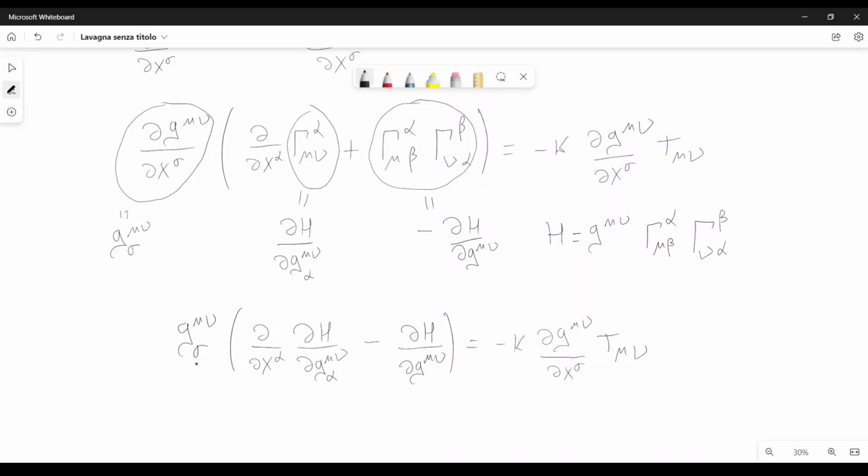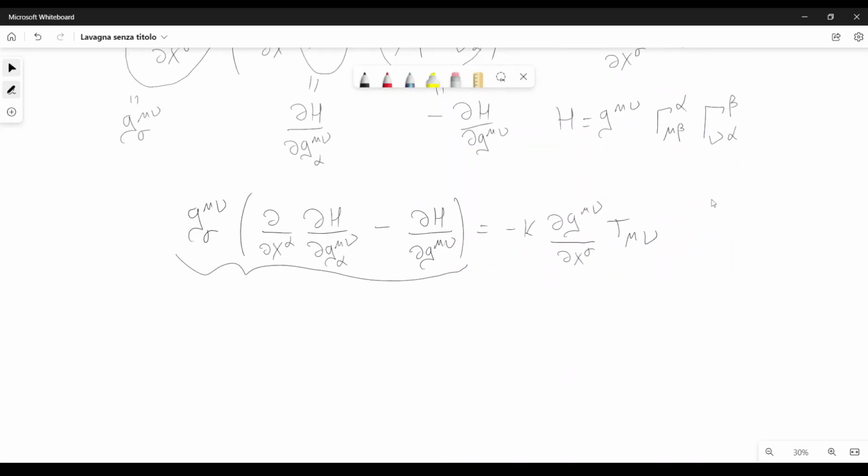We have already dealt with this expression on the left, but let's do the same steps that we did in that lecture regarding the variational principle also in here.